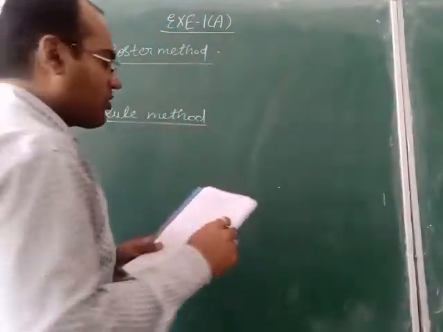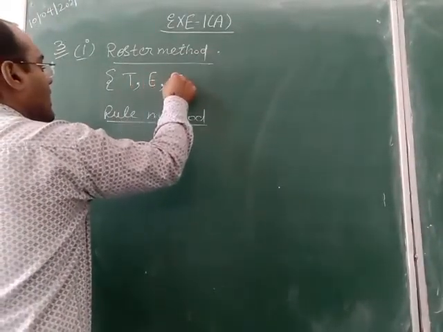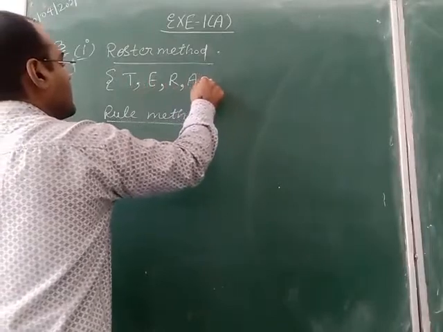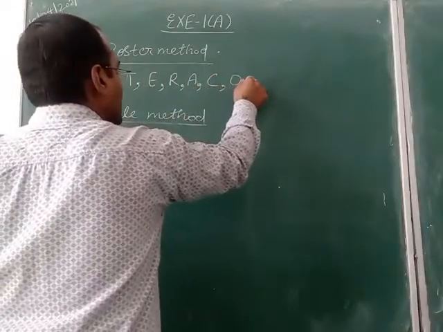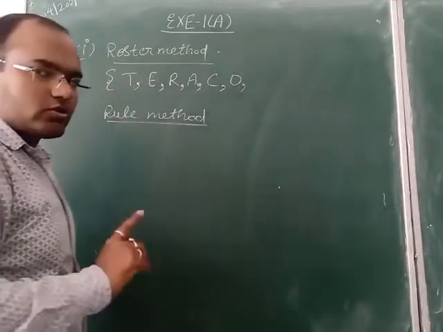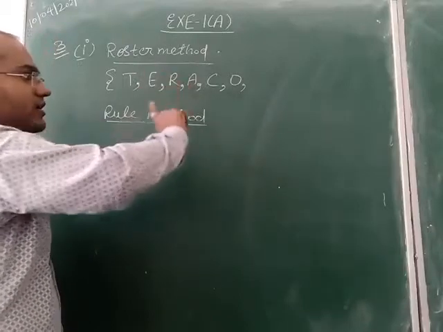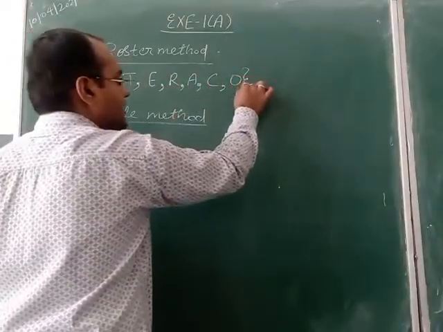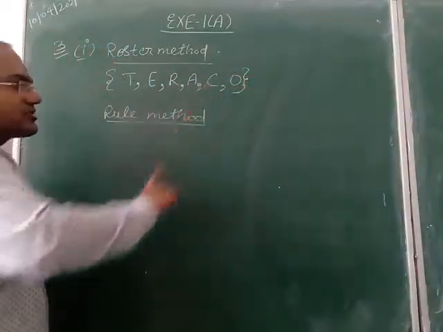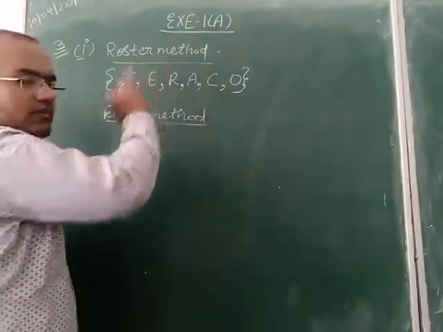Letters of the word terracotta: T is coming, E, R, A, C, O, double T. T is already written here, so no need to write it again. Then after that A is coming, A is already there. So all the letters are written here, and no new letter is coming. So this is the answer in the roster method.